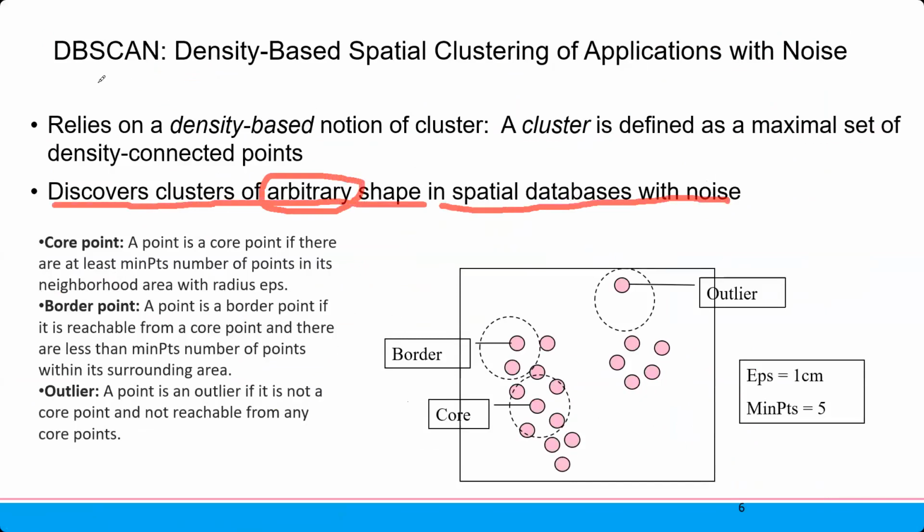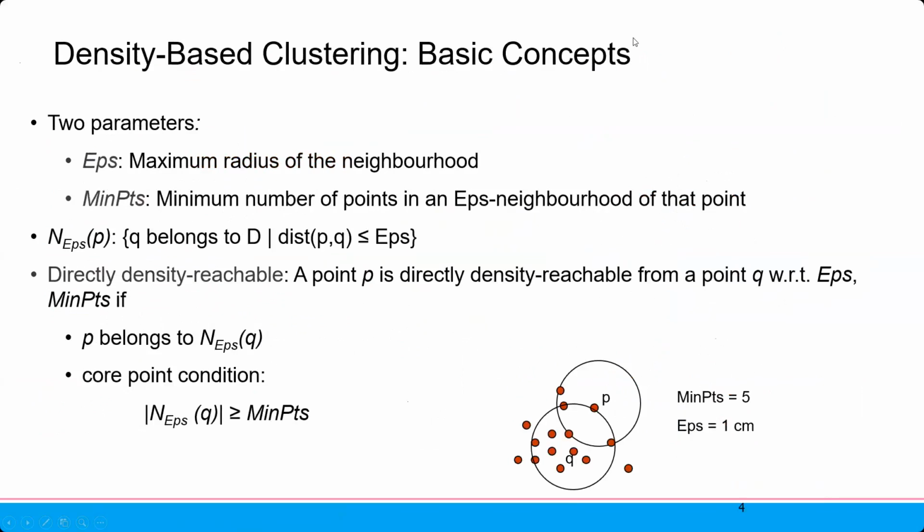There are three kinds of points that we will learn today. The first is the core point, the second is the border point, and the other is the outlier. A core point is a point with at least the minimum number of points in its neighborhood area with radius EPS.